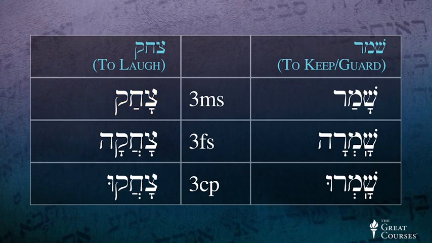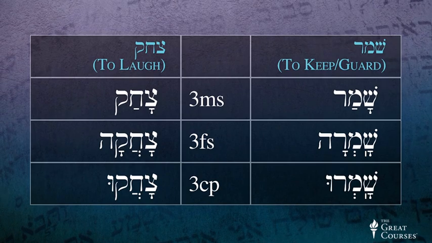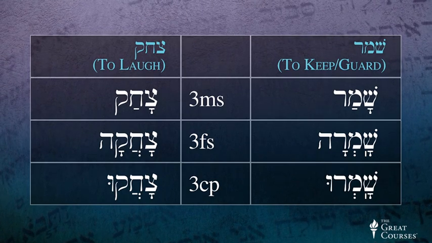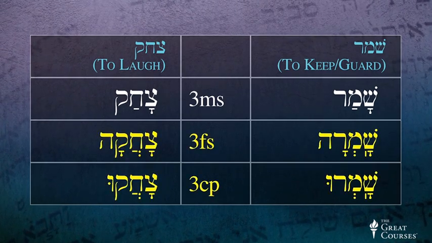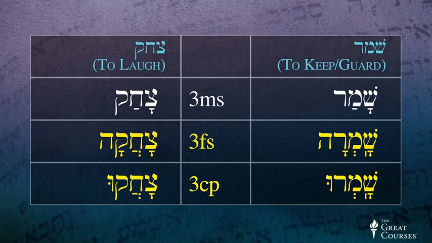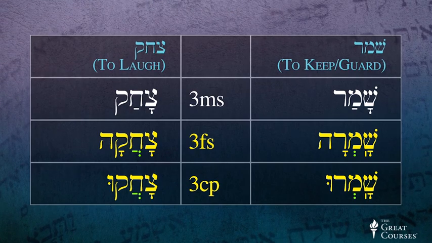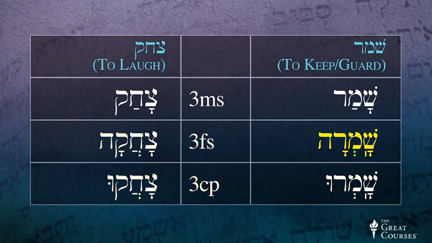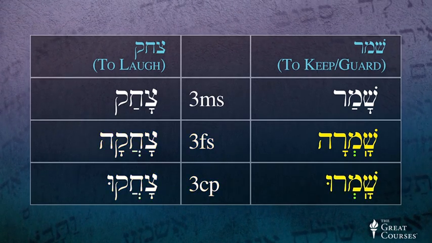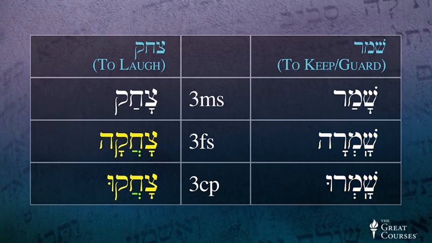Again, all you do is replace the consonants, and that's what you do in all the forms that I'm not bothering to show you. But in the third feminine singular and the third common plural, when that second vowel is contracted to a shva, it's shamra and shamaru, but tzahaka and tzahaku.